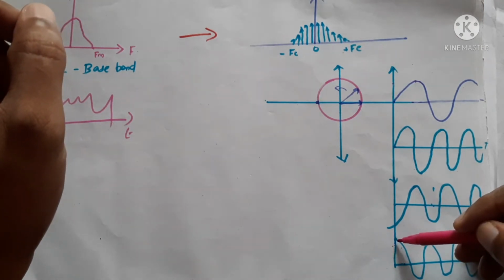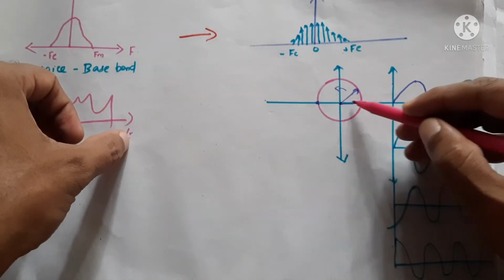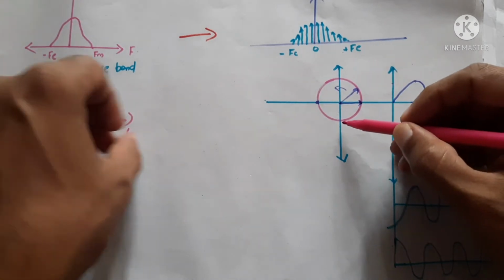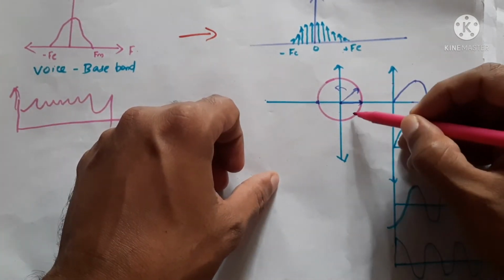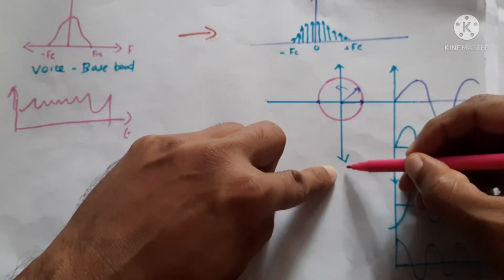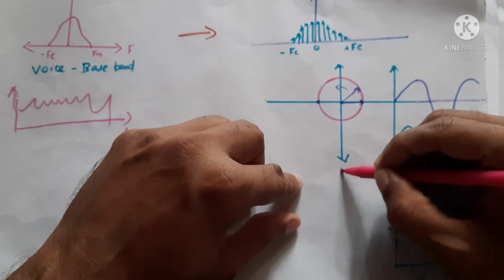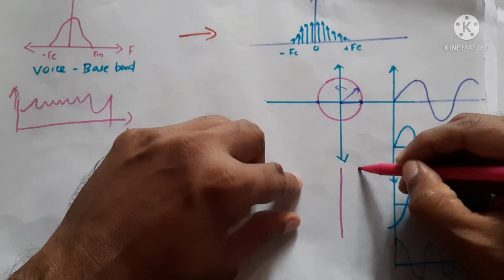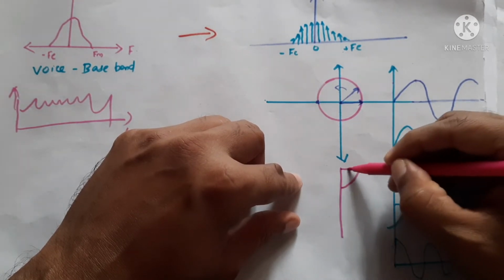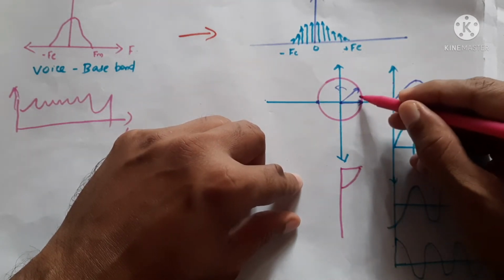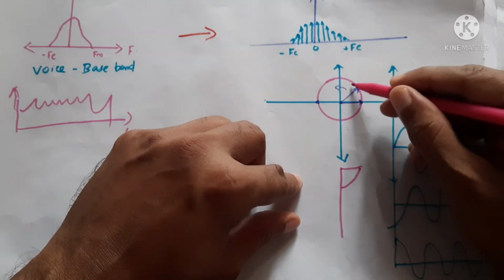Cosine means that when the time is 0, it has a maximum value. We are seeing from the bottom side, and from here we can know that this is maximum when the time is 0, and as the time increases, the value decreases.